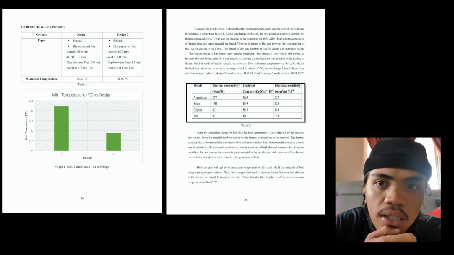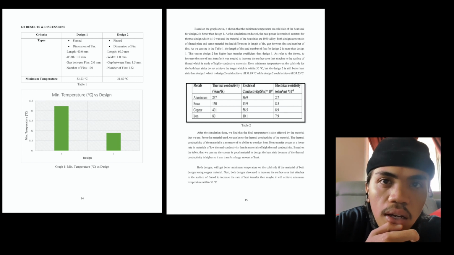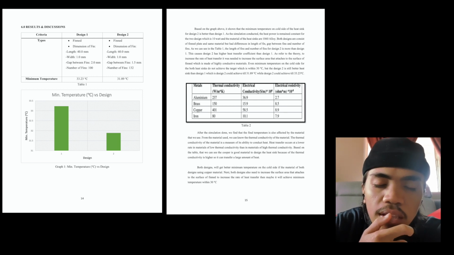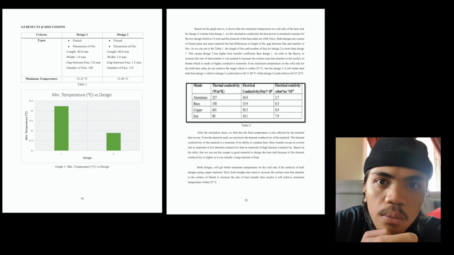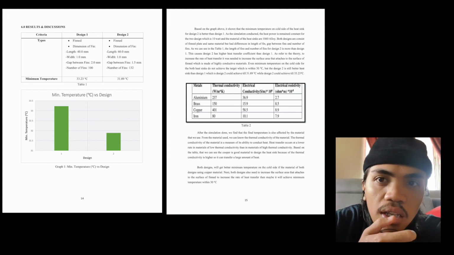Both designs have the same material and fin type of heat sink, but they have different fin length, gap between fins, and number of fins.